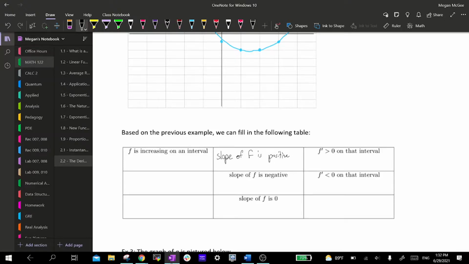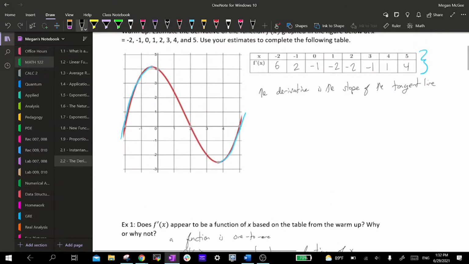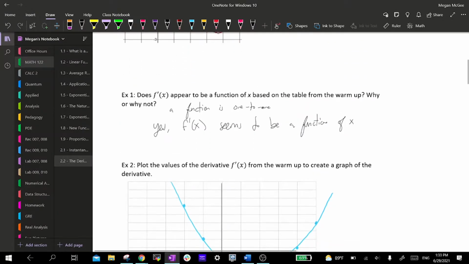And the derivative is also going to be positive on that interval. So again, we could come up here to take a look. All of these slopes, this is a positive slope, this is a positive slope, this is a positive slope. Okay. And all of our derivative values are positive there. 6 and +2. All right. And then same thing again for 4 and 5. We have positive derivative values.